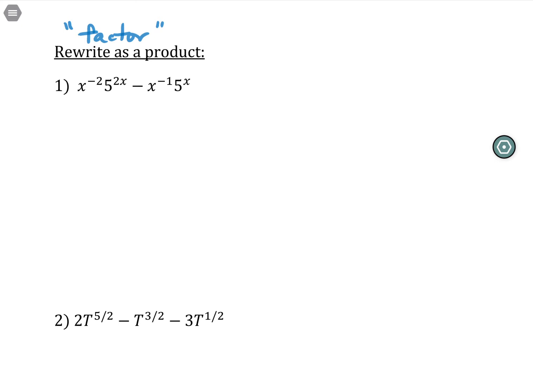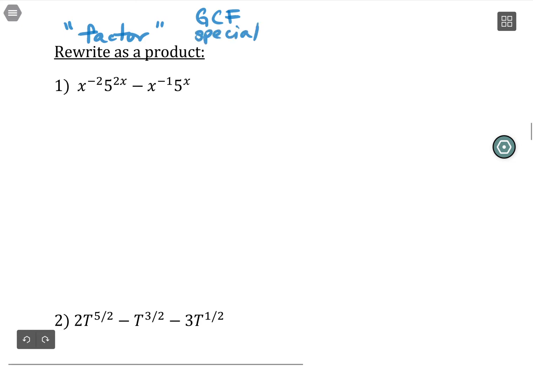So our tricks for factoring are factor out a greatest common factor, look for a special form, which would be like a difference of squares for us is the big one. So always look for a greatest common factor. If you have two terms, you want to think about if there is no greatest common factor, is it a difference of squares?